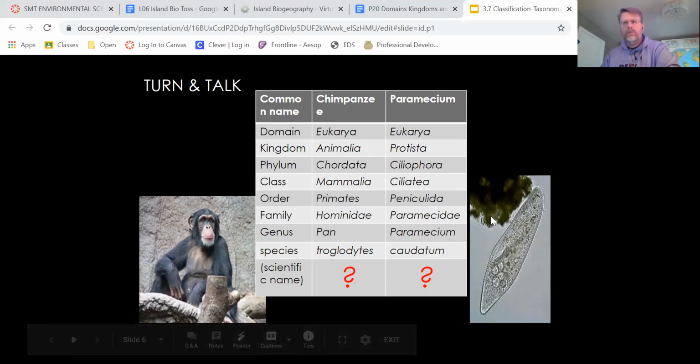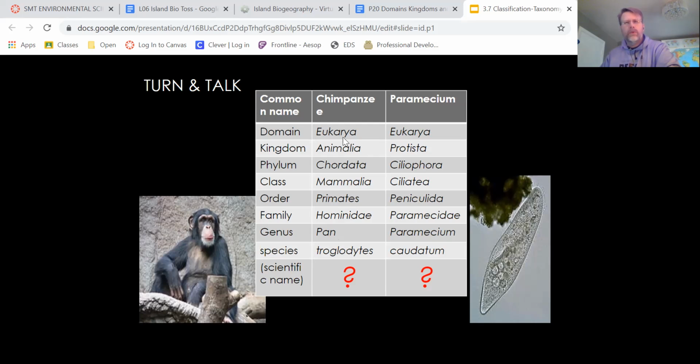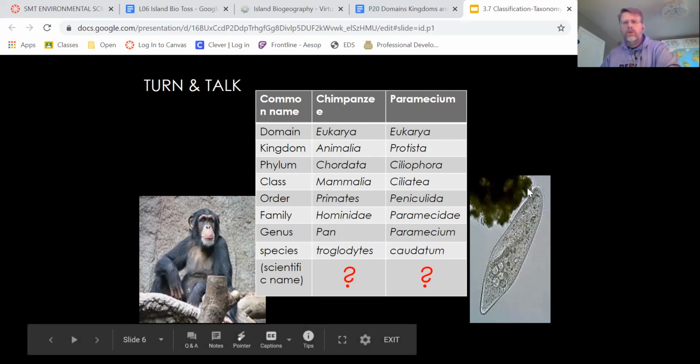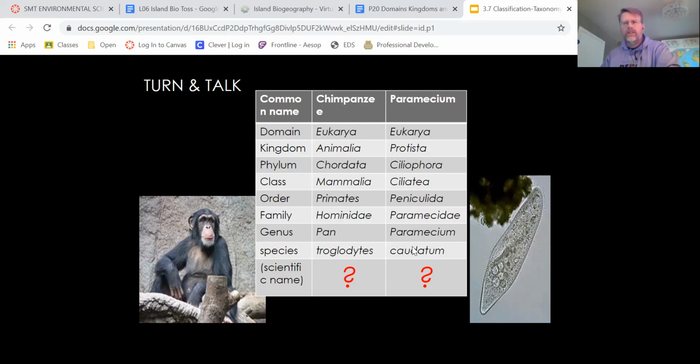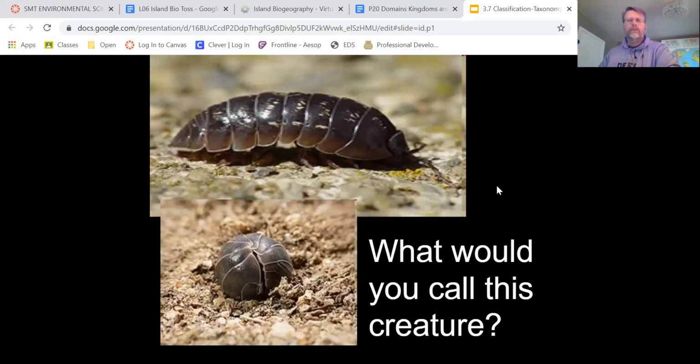Paramecium is a completely different thing. They're both alive, they both have a similar nucleus structure, but this is a protist, this is Paramecium. So what we see is this is very different, and the naming, the last two words, is the key thing we want to take away from here.